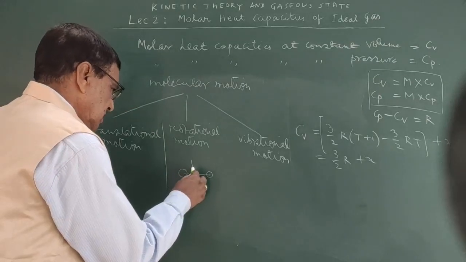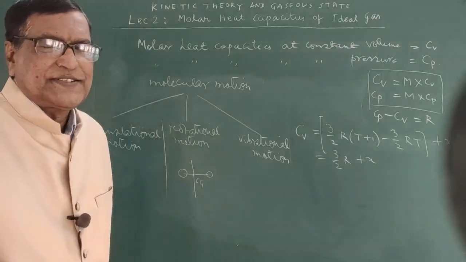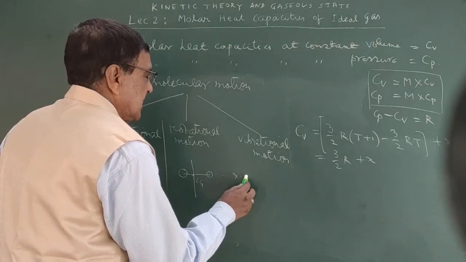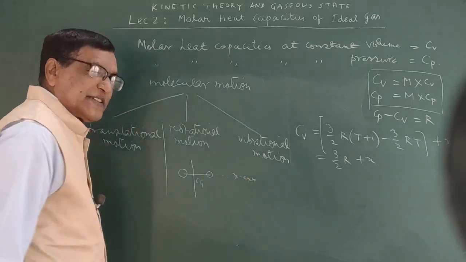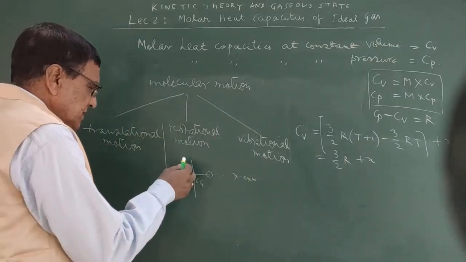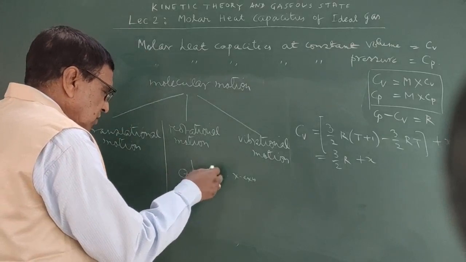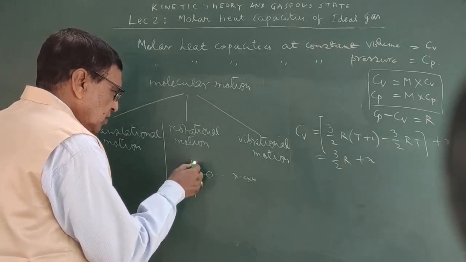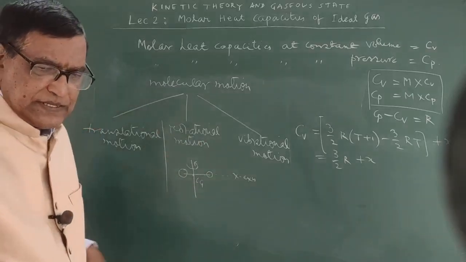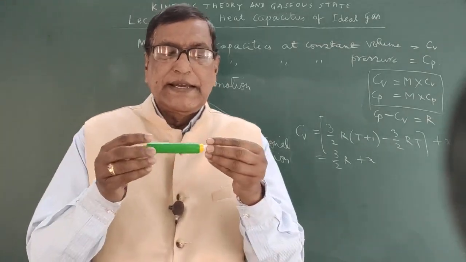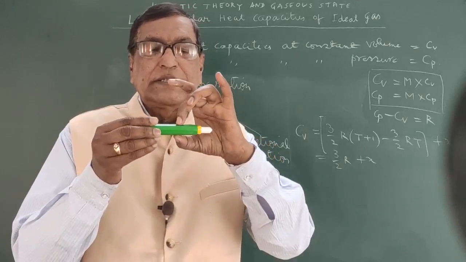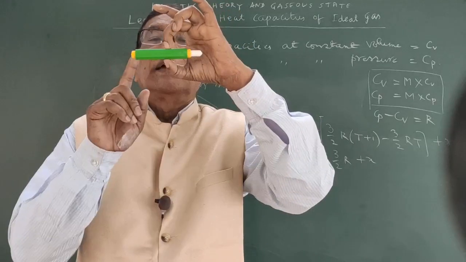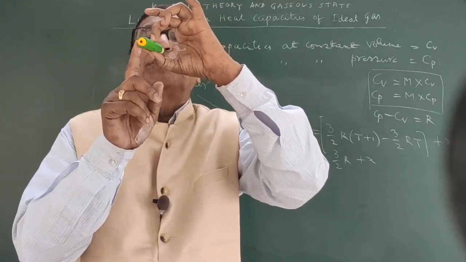If we draw an axis, suppose this is the x-axis, then the atoms within the molecule will rotate in this fashion along the axis passing through the center of gravity.